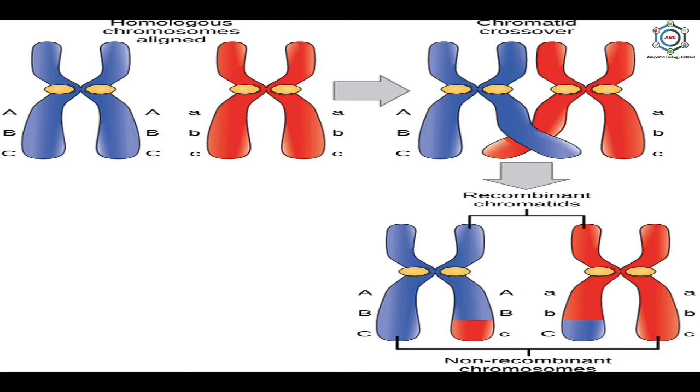Endonuclease assists the nicking, and the reunion, called annealing, is aided by the enzyme ligase. So the nicking, that is breakage, is caused by endonuclease, while the annealing occurs by ligase enzyme. So these recombinant chromatids are formed after the crossing over.